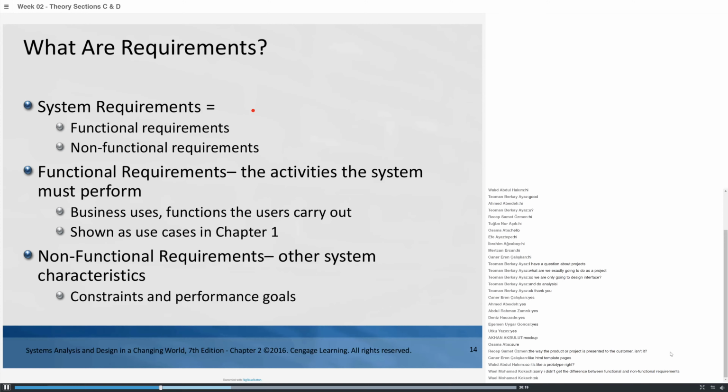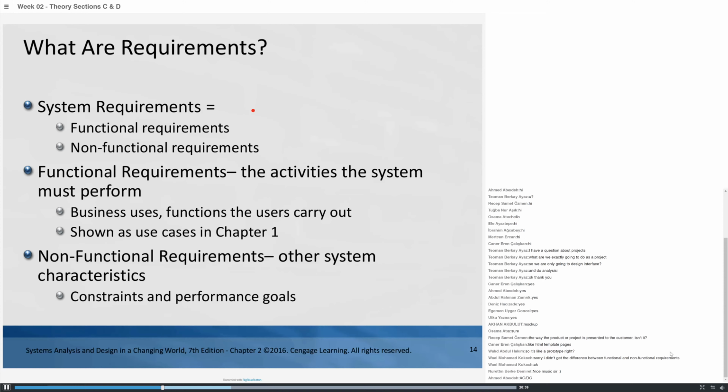Functional requirements are the activities, we can say, that the system must perform. Functional requirements are mostly about services.